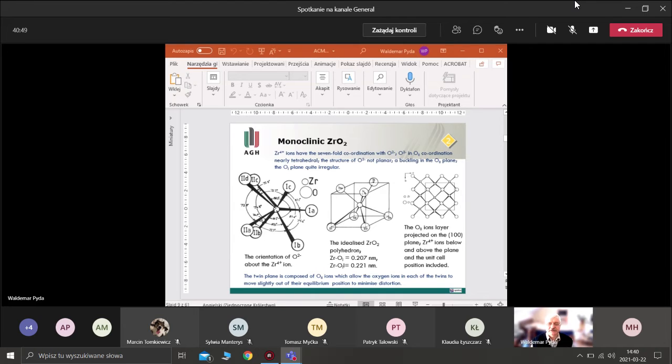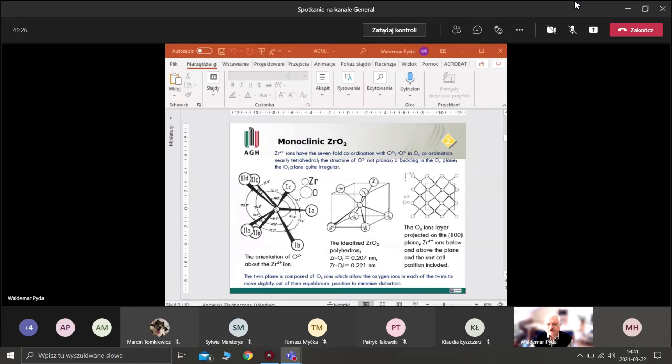But okay, the transformation of the tetragonal grain to the monoclinic one appears. I think we can imagine this. And in your opinion, the whole tetragonal grain transforms into the monoclinic one, and this is, let me say, the main characteristic of this transformation.